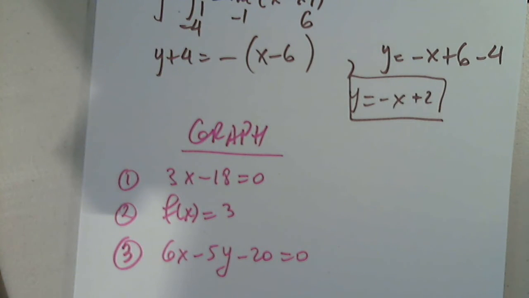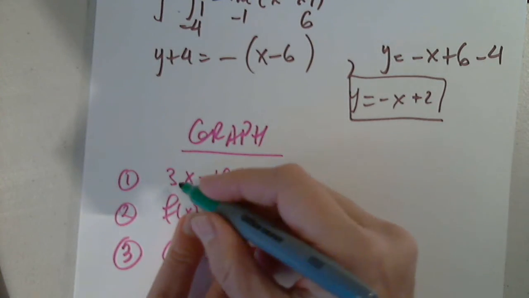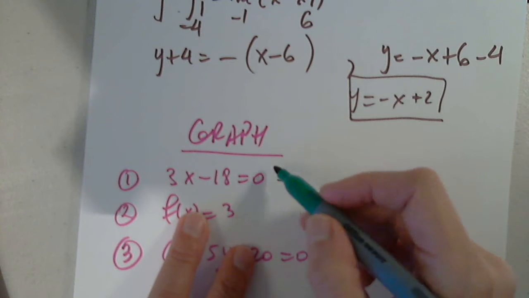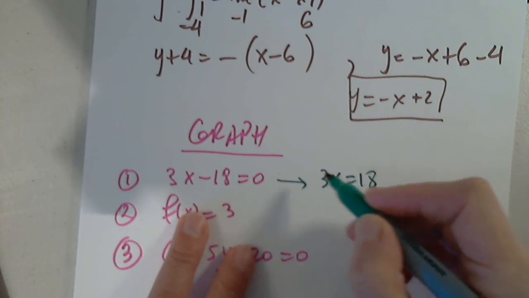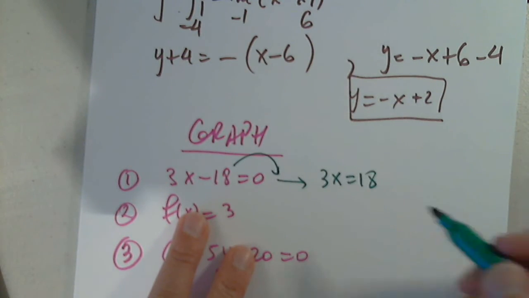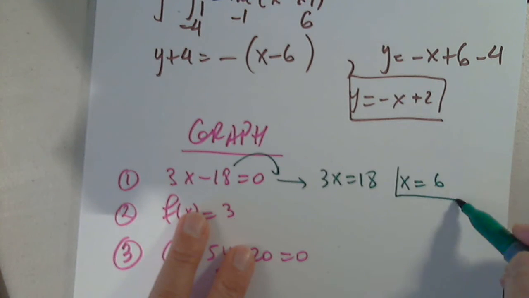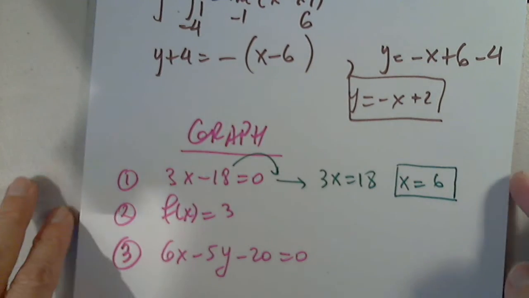So let's take it step by step. Here I do not see y, so I'm going to have to solve for x. When I move 18, I get 3x equals 18. I'm adding 18 to both sides, and then I have to divide by 3. So I have an equation that gives only x.